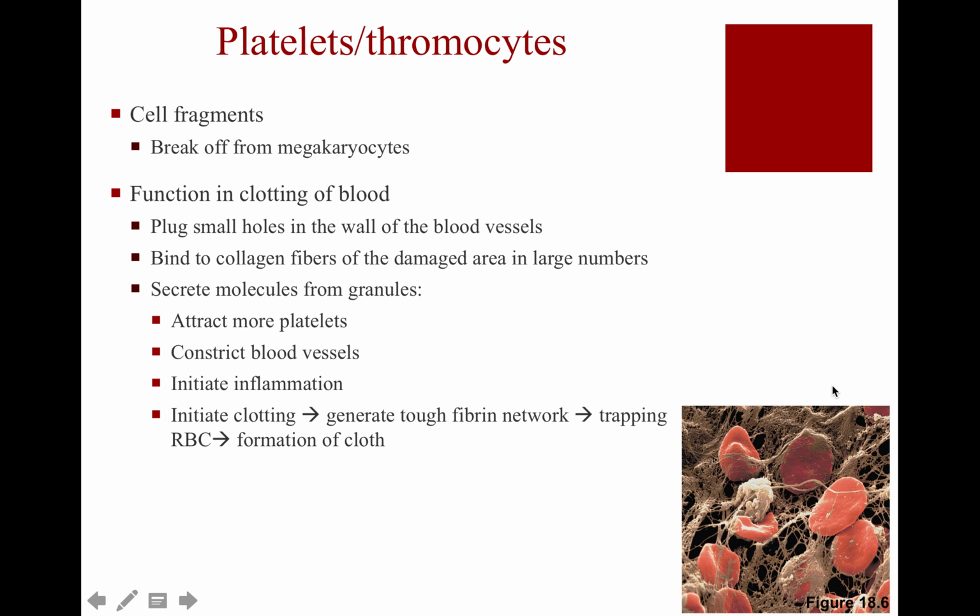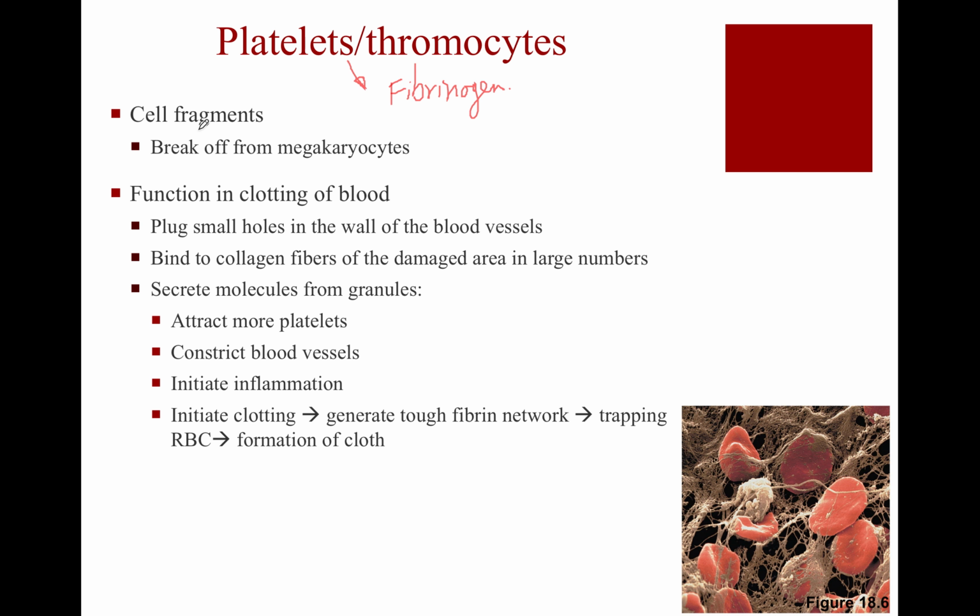Now, the last category of formed elements within your blood is called platelets or thrombocytes. As I mentioned earlier, and if you recall, platelets work very closely with a protein found inside your blood plasma called fibrinogen to effectively form a blood clot on the damaged blood vessels.